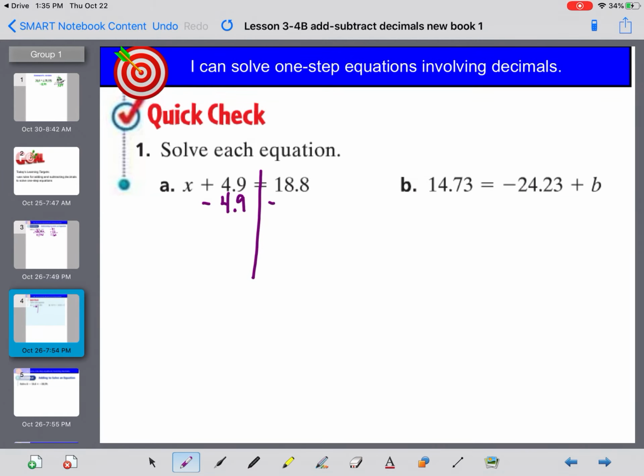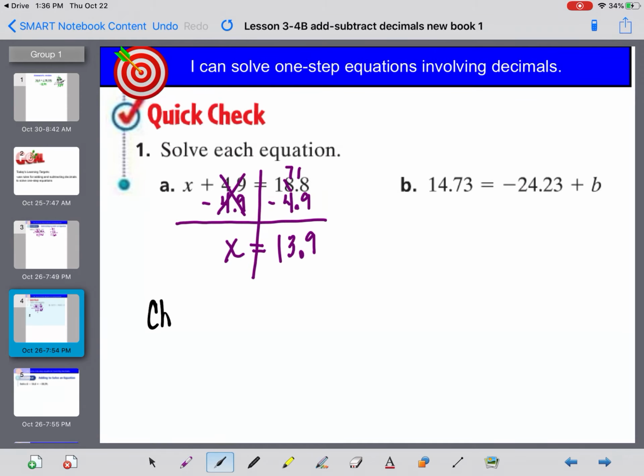I see that X is adding 4 9/10. So I will subtract 4 9/10 from both sides. I lined up my decimal point. And I got 13 9/10 as an answer.